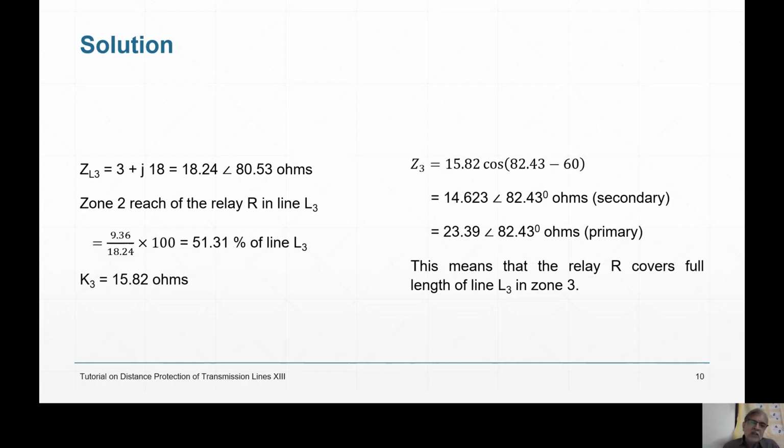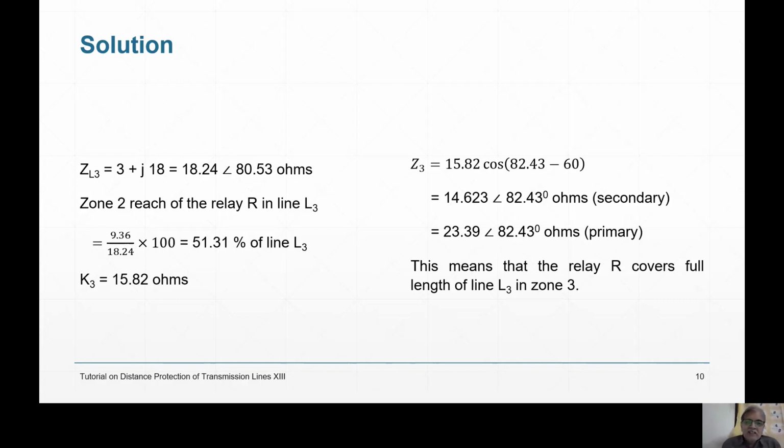Now zone 3. K3 is equal to 15.82, and 82.43 is not an assumption here, it is correct. 15.82 cos of 82.43 minus 60 is 14.623 secondary. Into PTR by CTR, 14.623 into 1.6 gives me 23.39 primary.